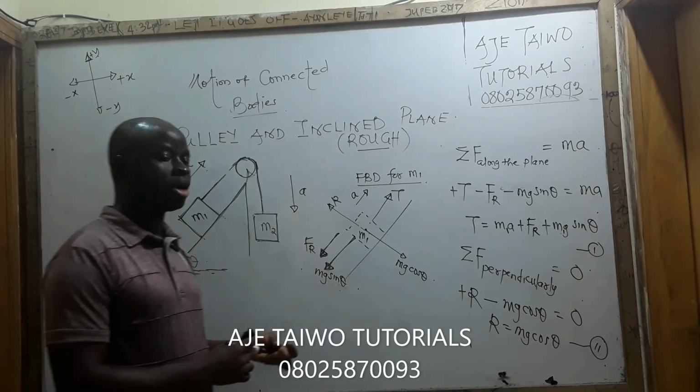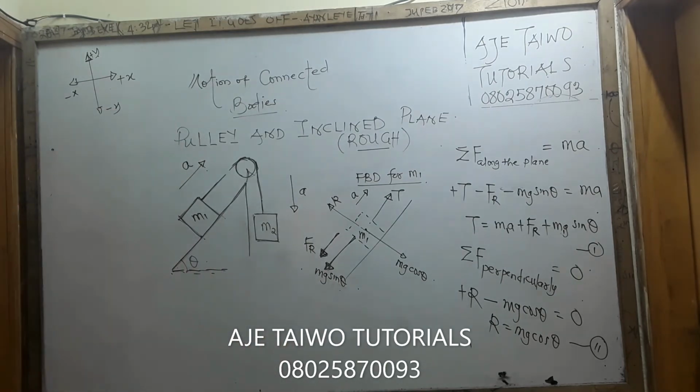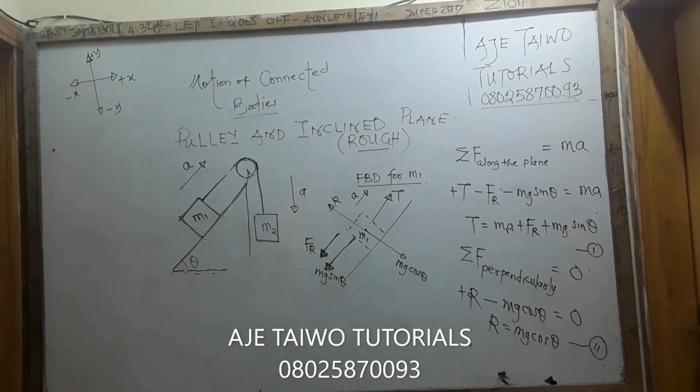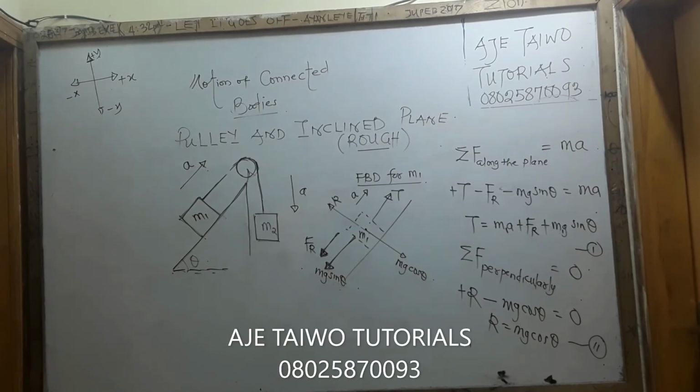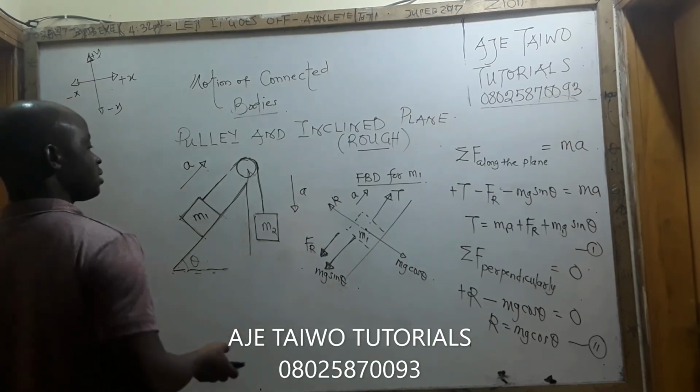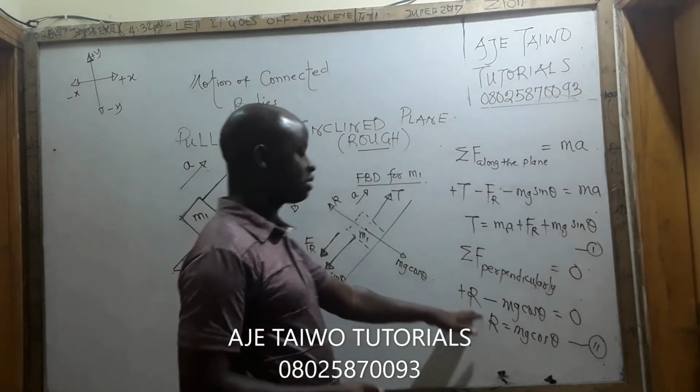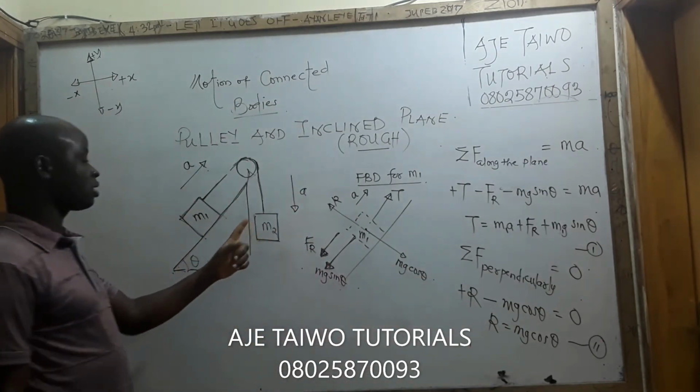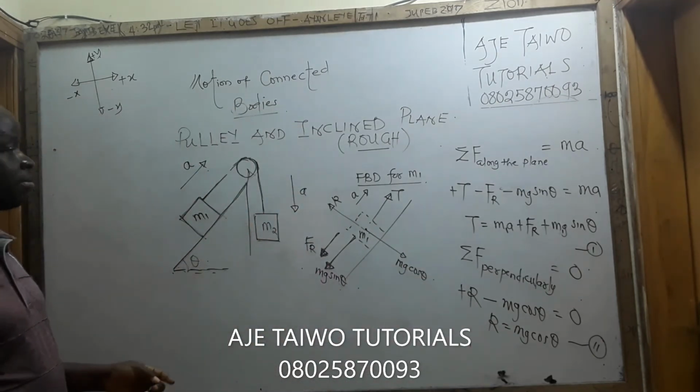Okay, so if we look at the second body, this is for the first body. For the second body, M2. Let's do M2.